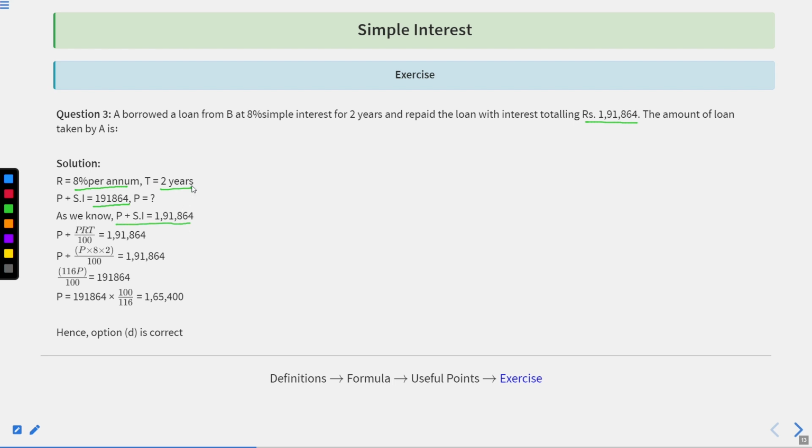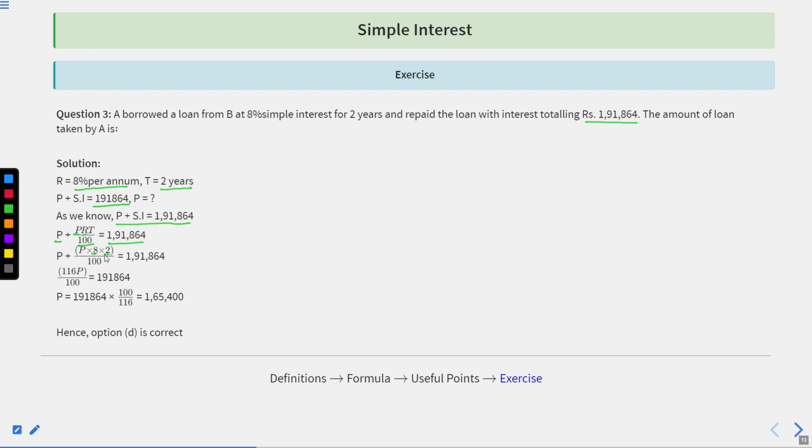So now try to recall the formula for simple interest. It says principal into rate into time upon 100. So it will be P plus PRT upon 100 equal to 1,91,864. So R is 8 and time is 2.